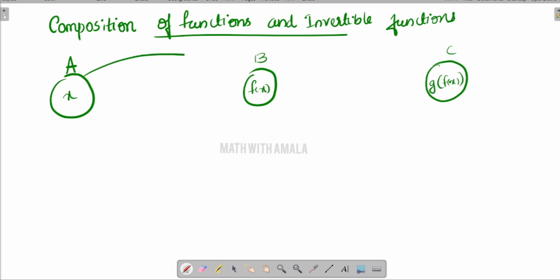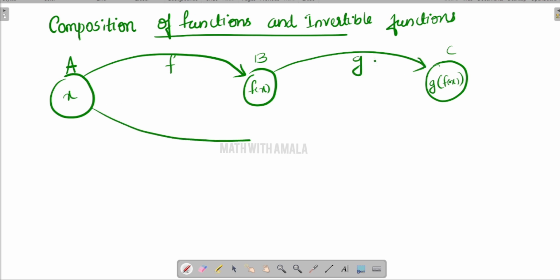Let's take three sets A, B and C and define two functions f and g, and you will get one more function, g composition f, that is the composition of g and f.